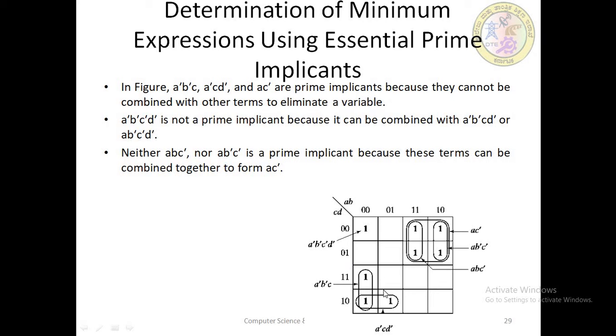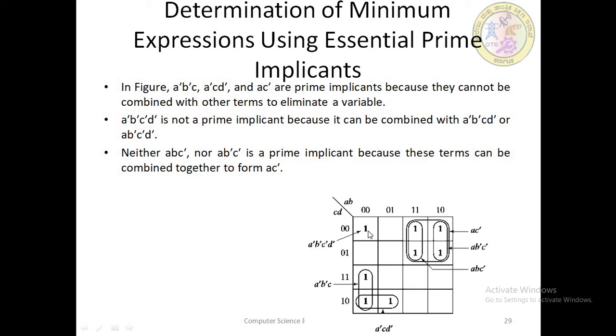It's like prime numbers, as you might know. A number which is divisible only by itself and one is called a prime number. Here also you can see a combination which cannot be grouped with any others, so it will be called a prime implicant.